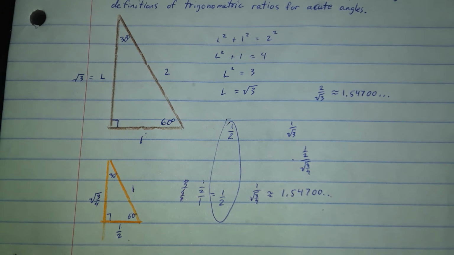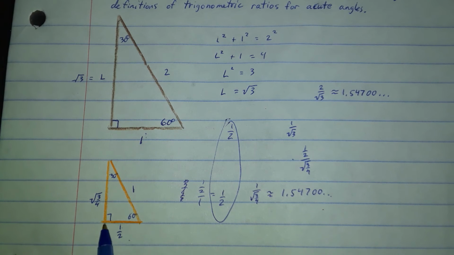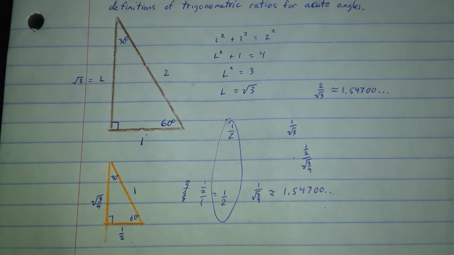So there are a couple of things that are invariant in these two triangles. And this is going to hold for any triangle that we look at that has a 30, 60, 90 structure to it. So this becomes what we call the 30, 60, 90 special right triangle theorem.